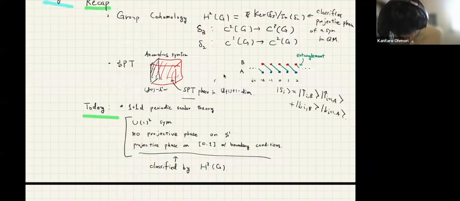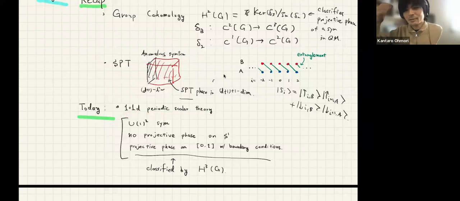Let me talk about the example of the 1+1 dimensional, or two-dimensional, periodic scalar theory. If you have ever studied string theory, this is very familiar. For the lecture note, I'm skipping sections 3.1 and 3.2 and jumping to section 3.3.